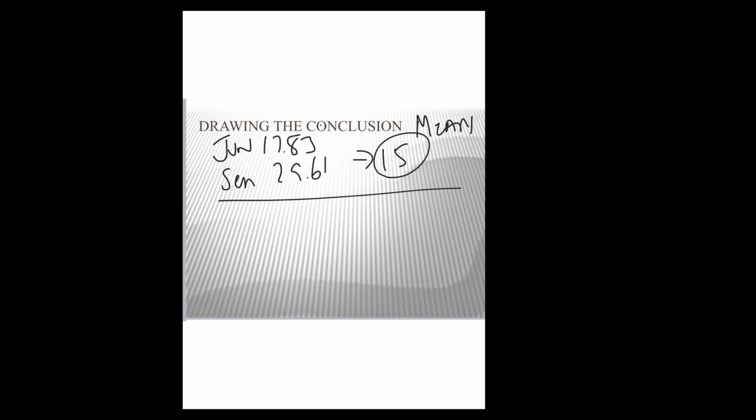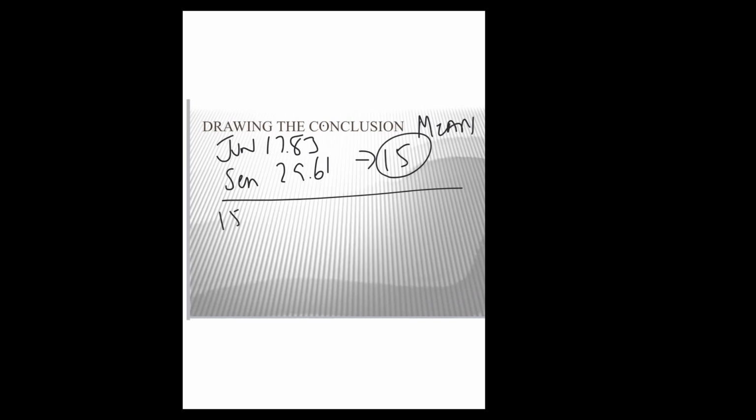emotionally exhausted. In this case, the seniors are much higher than the juniors, but if I take that 15 and I point it toward 17.83, the juniors are slightly emotionally exhausted because it's a very small gap here.